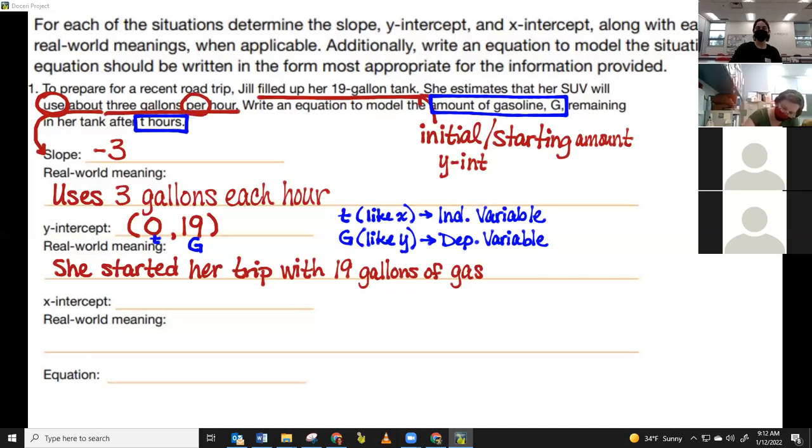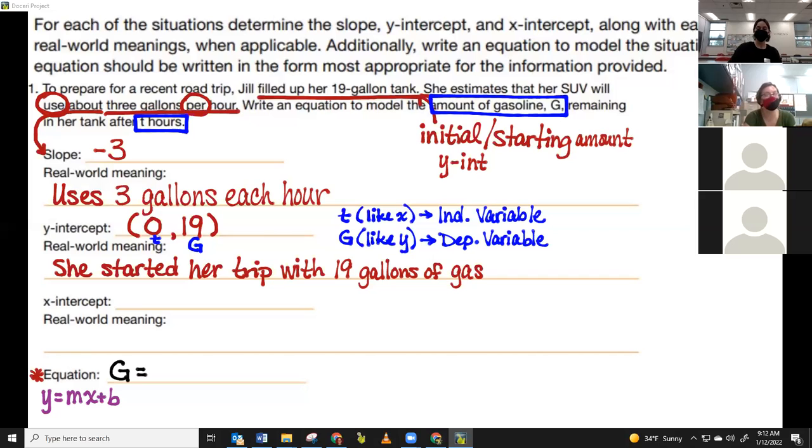Let's jump down to the equation because I have enough information to write the equation in slope-intercept form. But instead of writing the letter Y, what do I want to use instead? What is my dependent variable called here? G. So instead of Y equals, I'm going to have G equals.